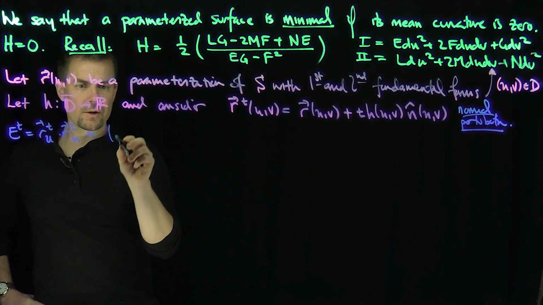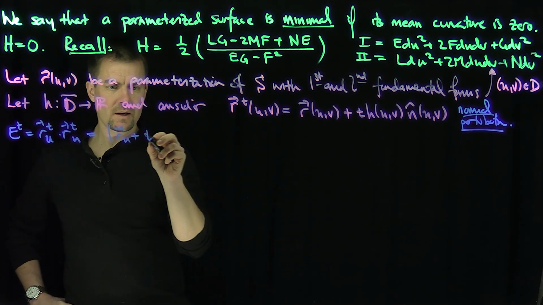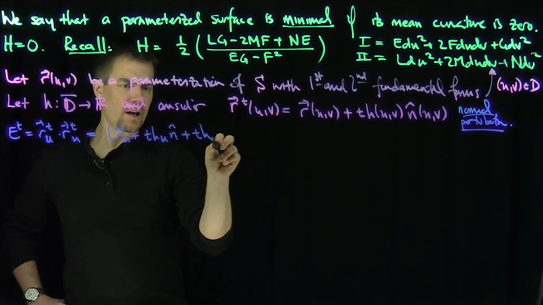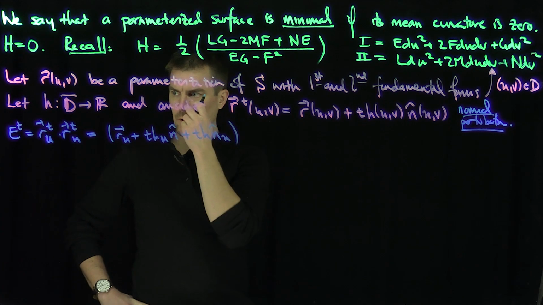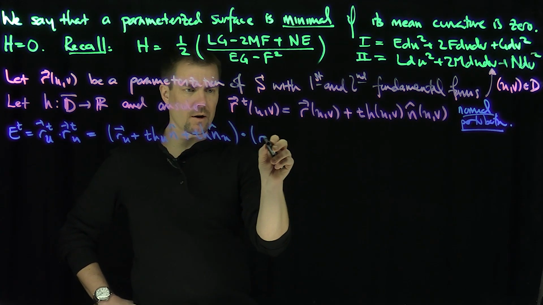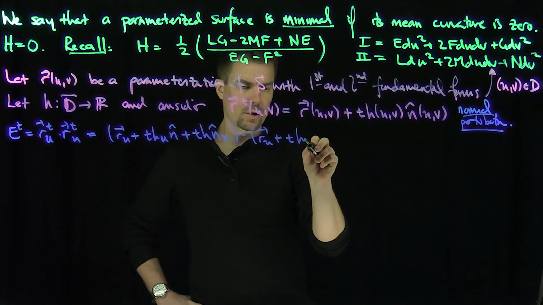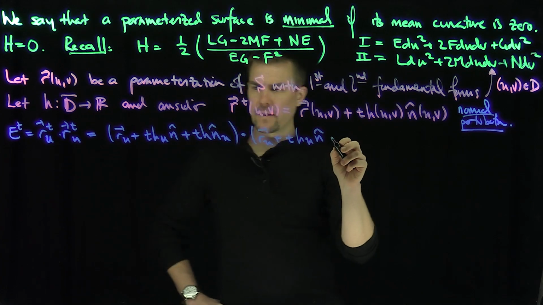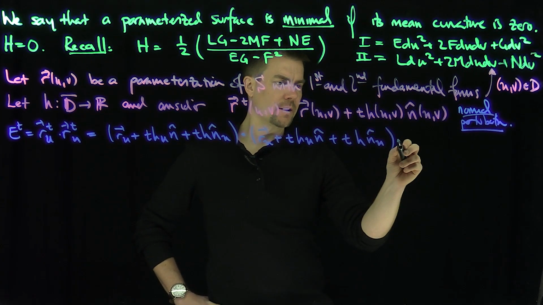It's going to be R_u plus t h_u n hat plus t h n hat_u, and then dot, of course, the same thing: R_u plus t h_u n hat plus t h n hat_u, like this.